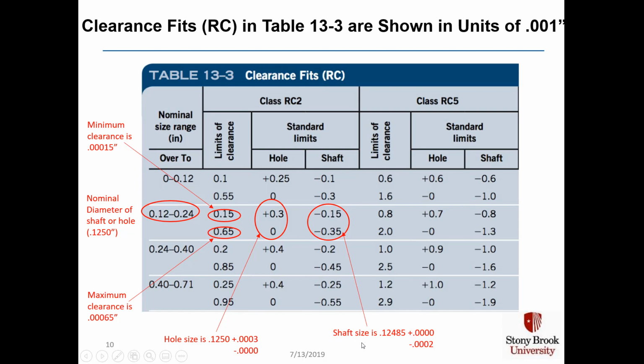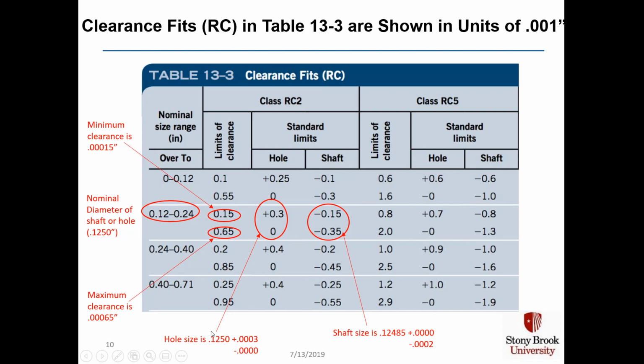And the shaft is 0.12485 plus 0 minus 0.0002. And that comes from the fact that the nominal shaft size on the minus side, relative to the 0 for the hole, has to be minus 0.15 less than the nominal hole size.